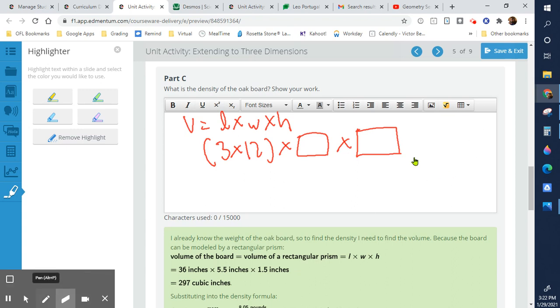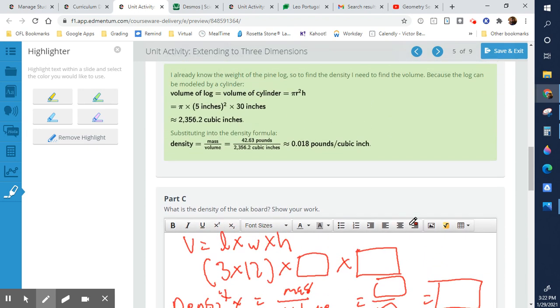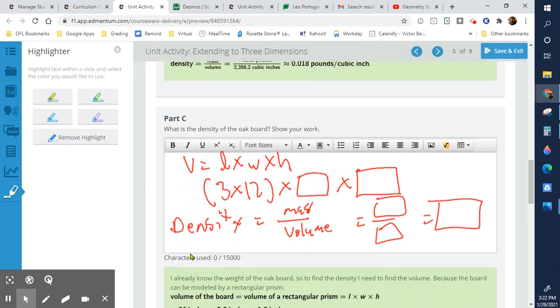So when you're doing this, you're going to want to make sure its density is equal to your mass over your volume, and then plug those values in. That way you get your density. And I recommend going like 3 decimal places, including the 0 in this case. So that'll help you do that.